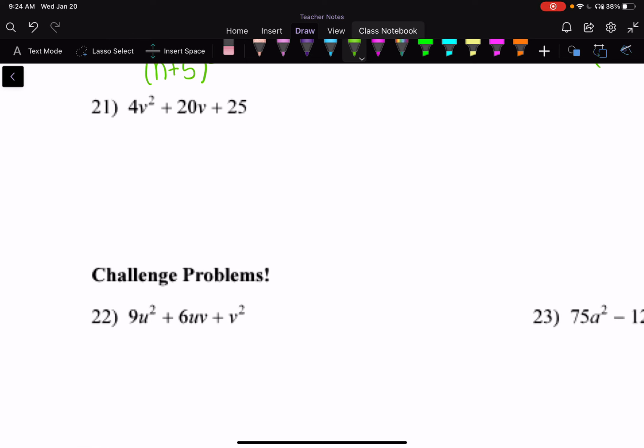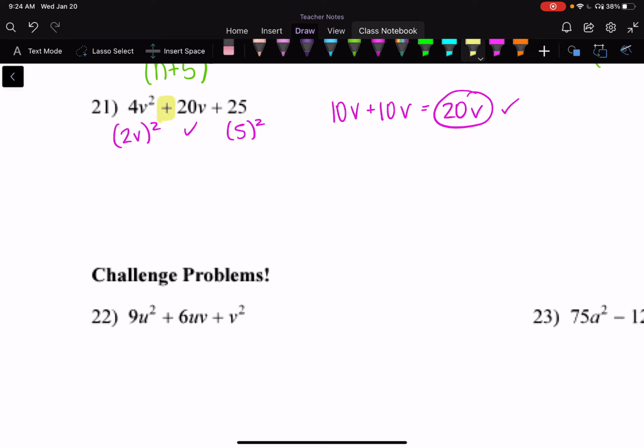And last but not least, number 21. This is another trinomial that we are going to try to see if it's a perfect square trinomial. My first term breaks down to 2v, and my last term breaks down to 5. I multiply those together to get 10v, add it to itself to get 20v, and that is what I'm looking for.